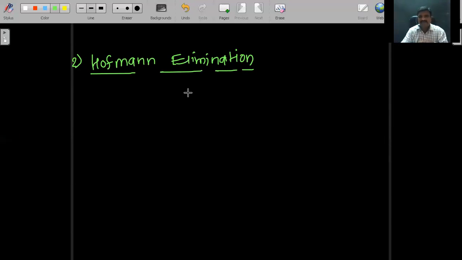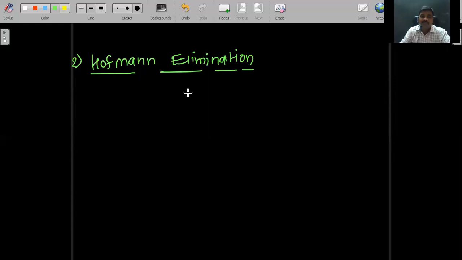In 11th standard, and also in 10th standard, we have studied types of reactions: addition reaction, substitution reaction, elimination reaction, rearrangement reaction. Elimination reaction means the smallest part of the reactant is eliminated.